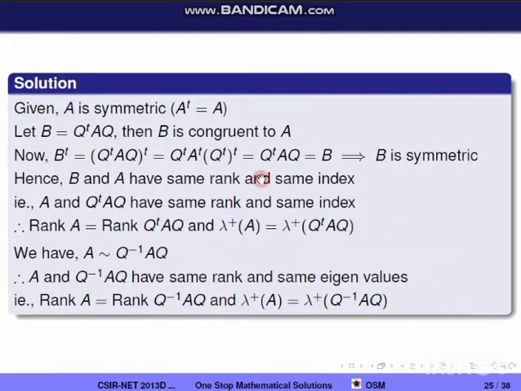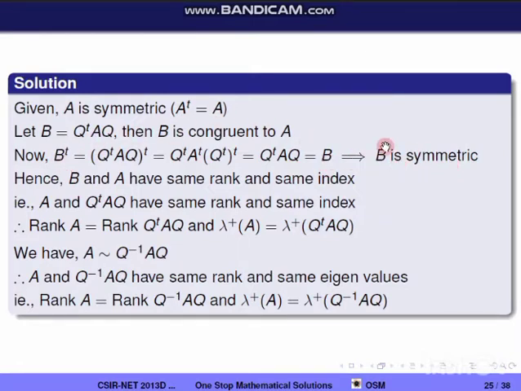So given A is symmetric, that is A transpose is equal to A. Now let B be equal to Q transpose AQ. So using concept 1, B is congruent to A. And we know B transpose equal to Q transpose AQ whole transpose, which is equal to Q transpose A transpose into Q transpose whole transpose, that is equal to Q transpose AQ, that is equal to B, that is B transpose equal to B, that is B is symmetric.